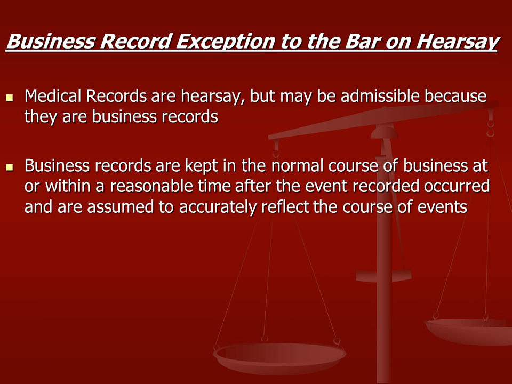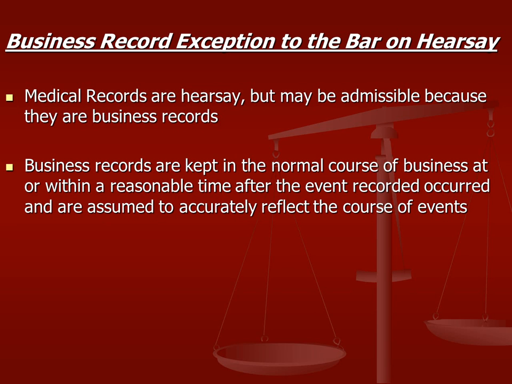Business records, by definition, are kept in the normal course of business at or within a reasonable time after the event or events were recorded, and are assumed to accurately reflect the course of events. And so a medical record falls into this business record category. We normally don't think of medical records as business records, but they are. They're defined as such because they are kept in the normal course of business, meaning medical records are kept the same on every patient that's seen at a facility.